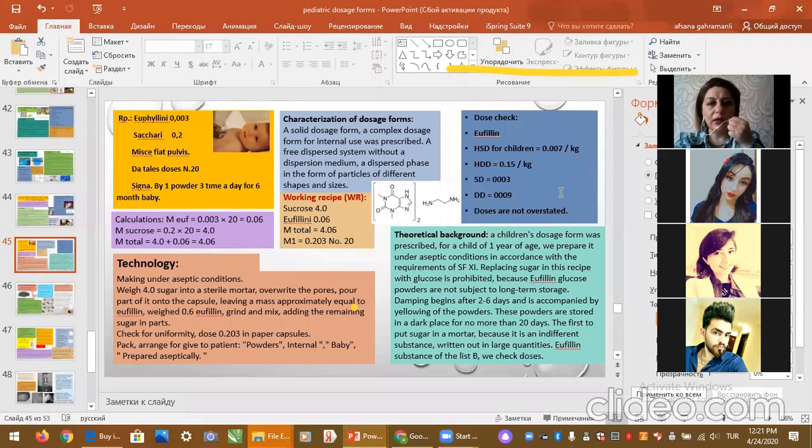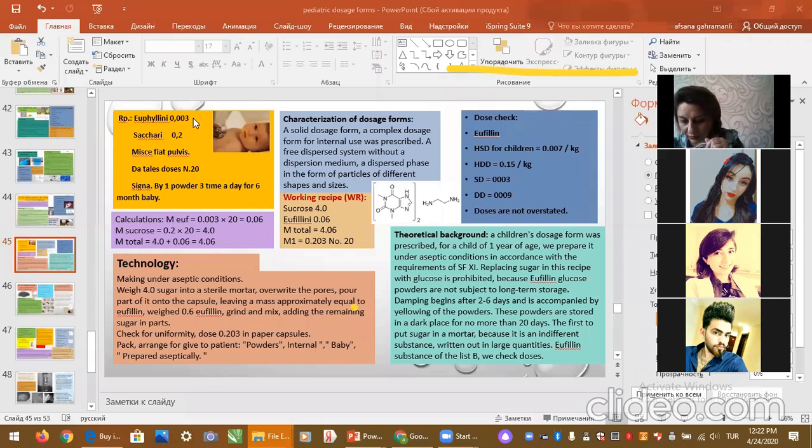Yes. We continue. Euphyllinum, saccharum, misce fiat pulvis. Euphylline is 0.003 gram. What does 0.003 gram mean? I must say, is this centigram, milligram, decigram? Euphyllinum, how many?